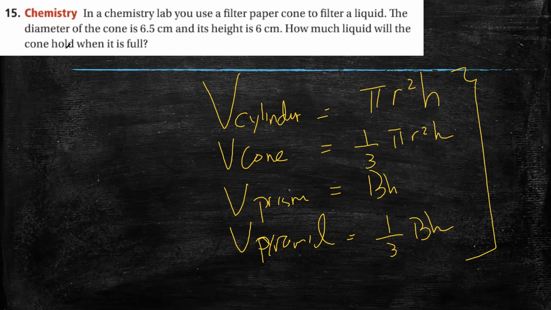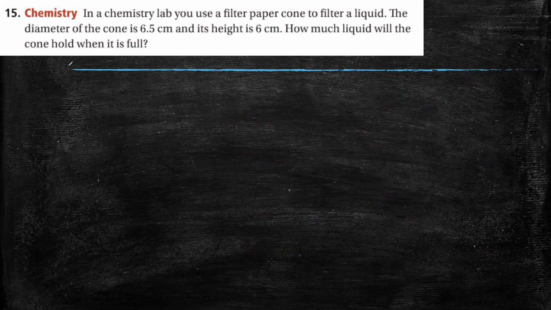Let's now do this example. In a chemistry lab, you use a filter paper cone to filter a liquid. The diameter of the cone is 6.5 centimeters. So here we have a cone, and all of us know that the base of the cone is a circle.